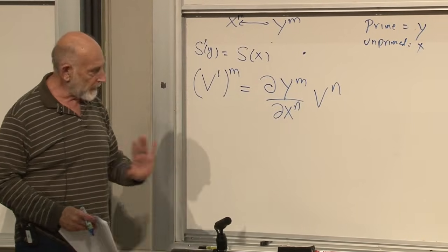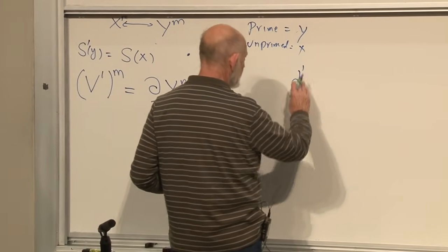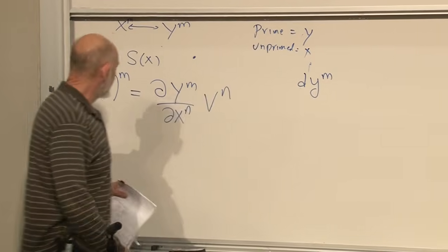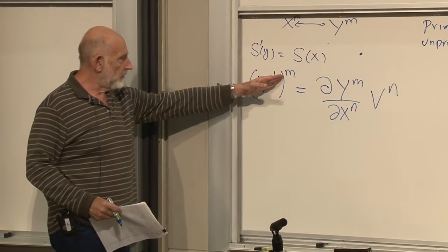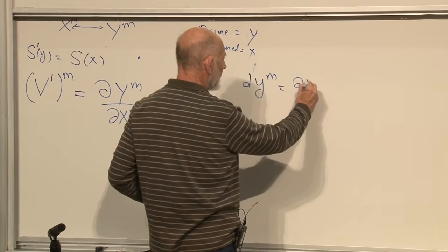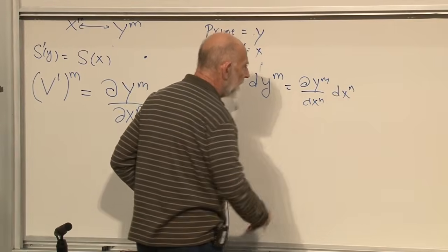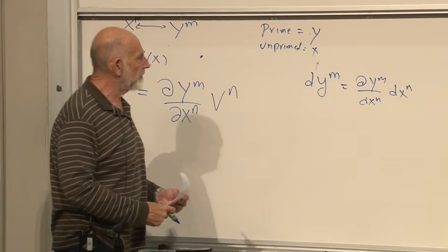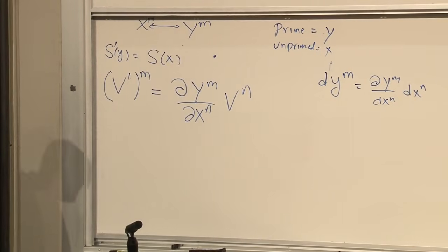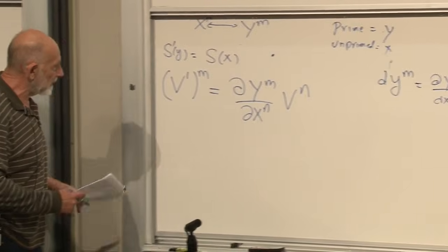An example is dy^m. That would be the primed version of a little interval, obviously equal to dy^m/dx^n times dx^n. So this is sort of the archetype of a contravariant vector component, and you can see that it in fact transforms in exactly this way.